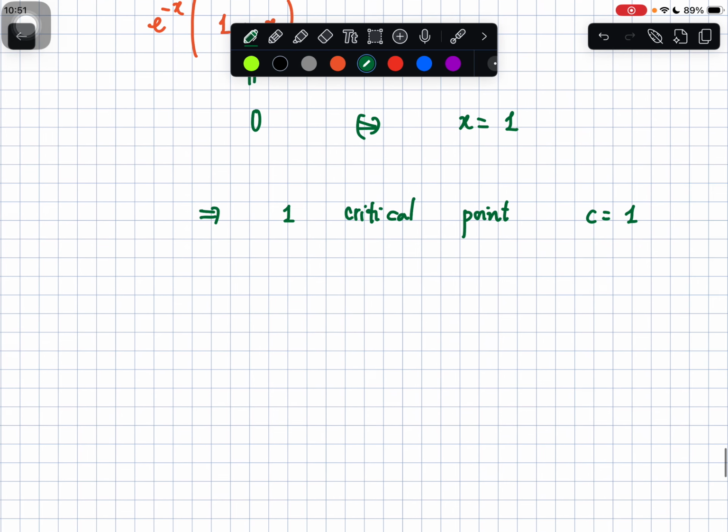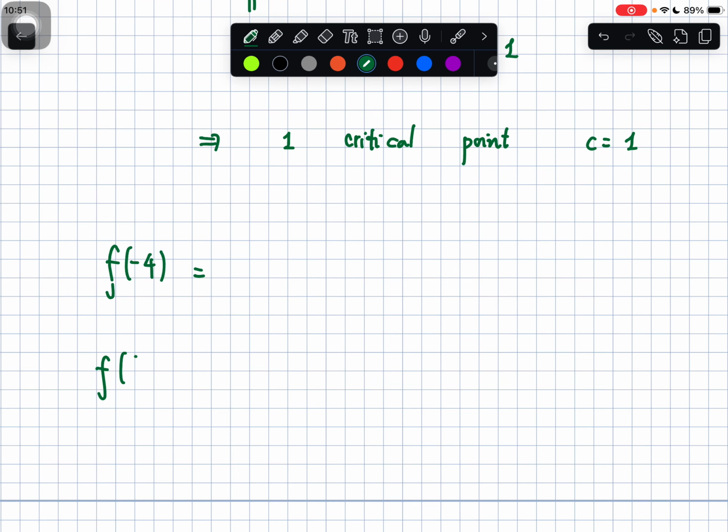You compare them. f of minus 4 equals something, f of 6, f of 1.